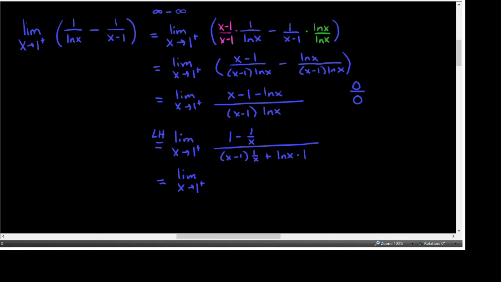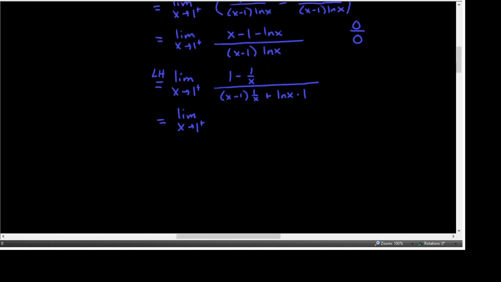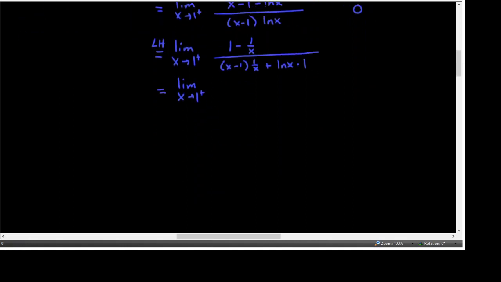Move this up a little bit so we can see what's going on a little bit better. Let's see. I think what I'm going to do algebraically with that result is clear the equation of all the little fractions by multiplying this fraction by x over x.